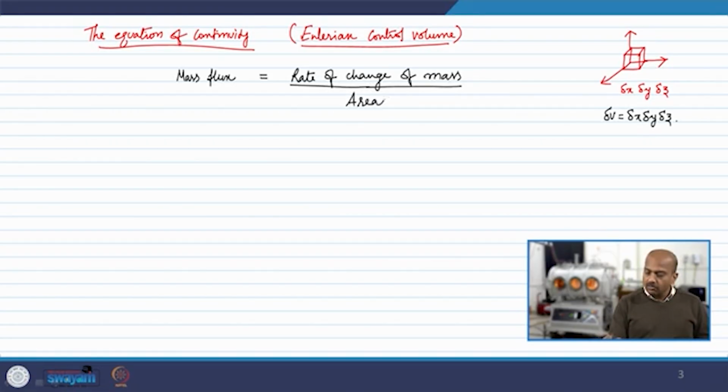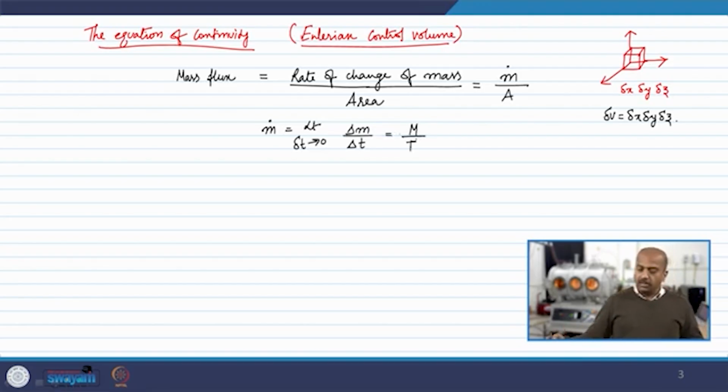The rate of change of mass per unit area is called the mass flux. So, we can write it as m dot divided by A. So, m dot can be written as the limit delta t tends to 0 of delta m by delta t, or we can simply write it as capital M by T.